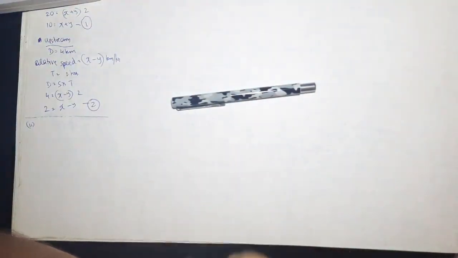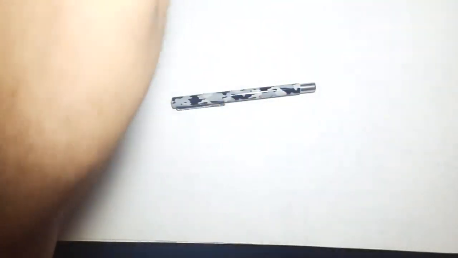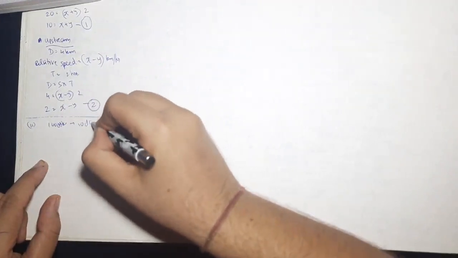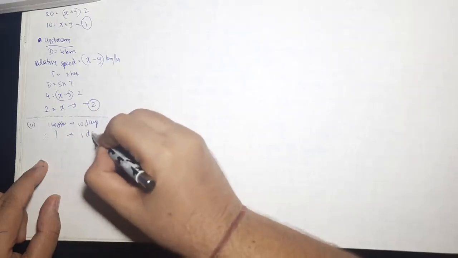For that, we first have to see the 1 day work of each person. If 10 days are required to complete one work, how much work will be completed in 1 day?